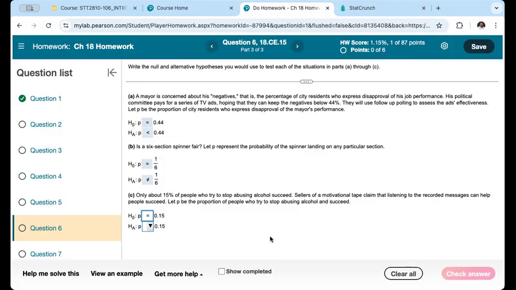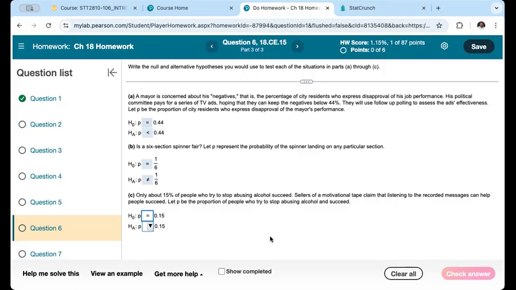I would think it was greater than because they want more people succeeding. I feel like my question made a little bit more sense on that section, so maybe I'm wrong. That's okay.